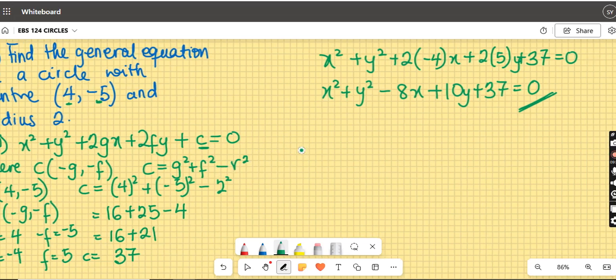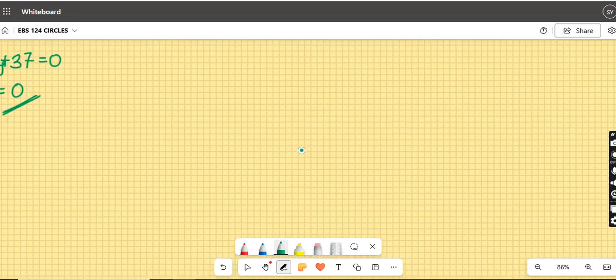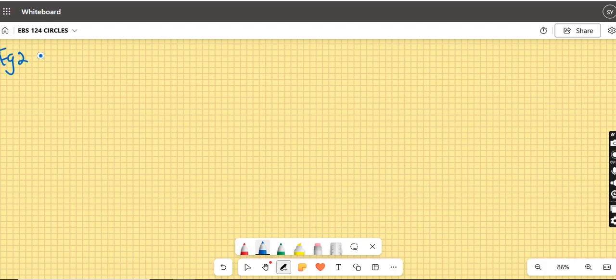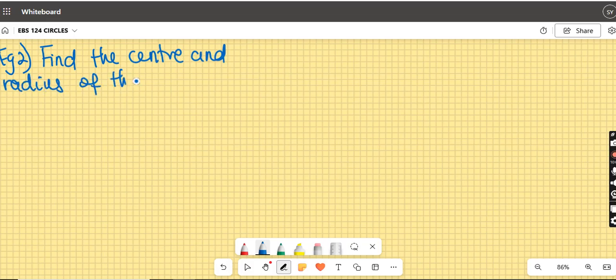Now let's take another example. Example 2. With example 2, we will give you the equation of the circle, and you have to find the center and the radius of the circle.